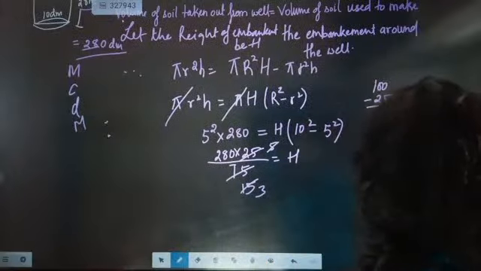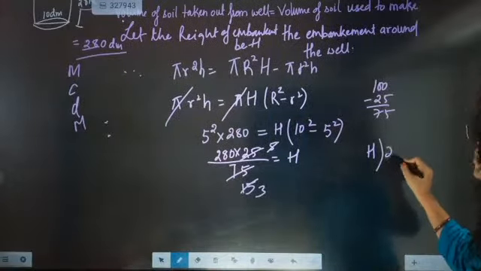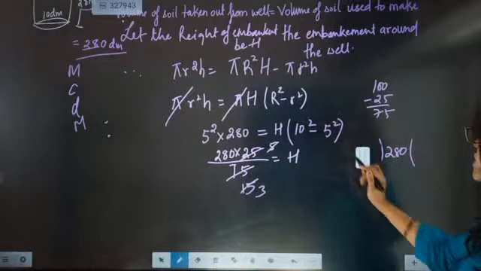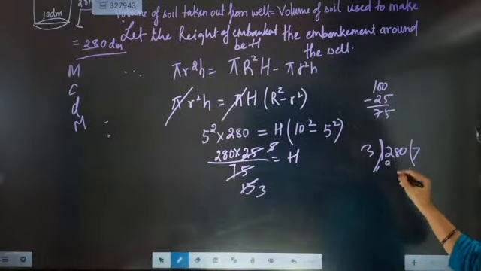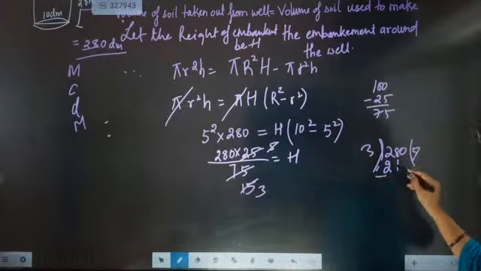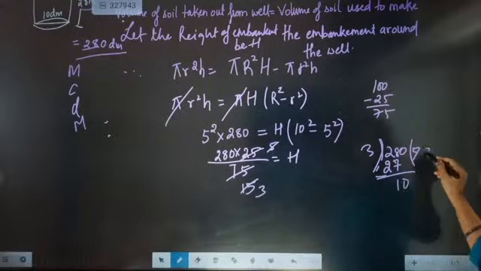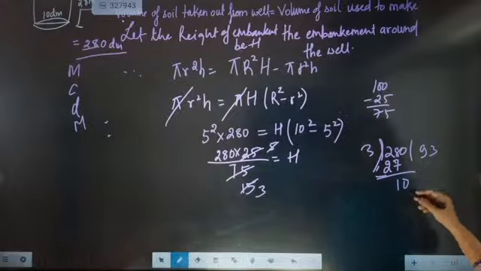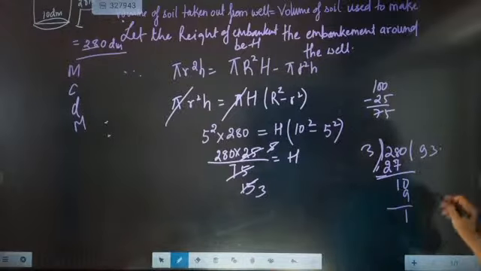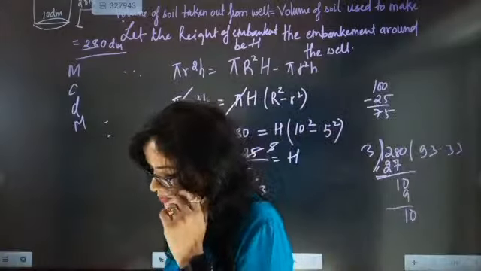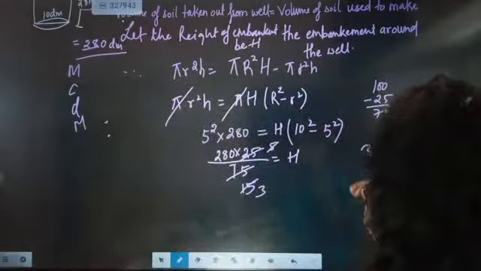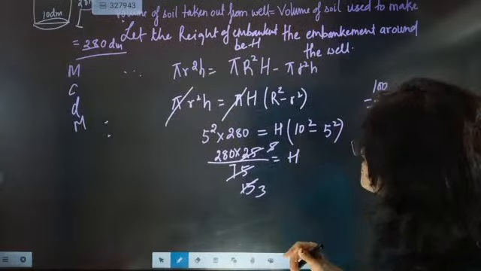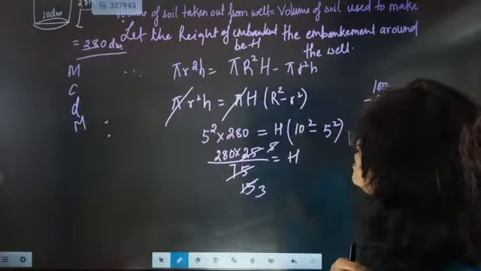So 3 H will be coming as 280 divided by 3. 3 7s are 21, 3 9s are 27, 1 0, 3 3s are 9, 1 0, so 93.33. So 93.33 will be coming.